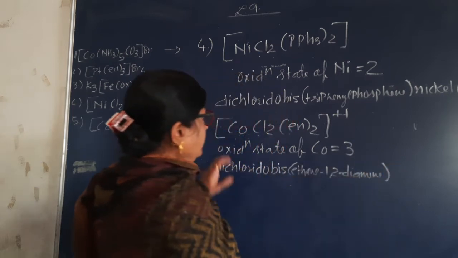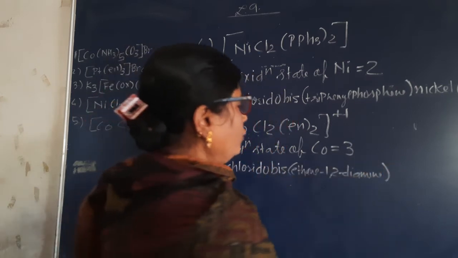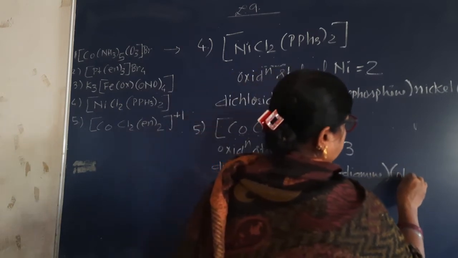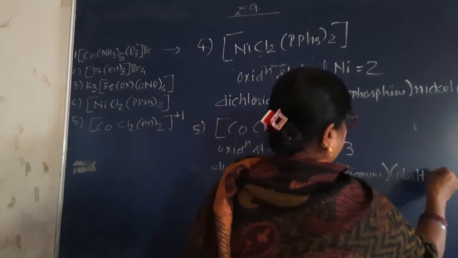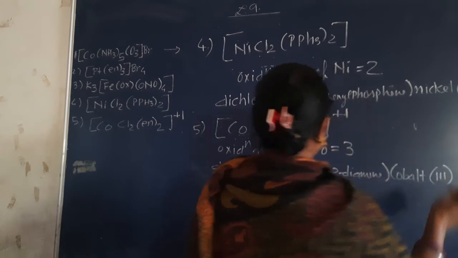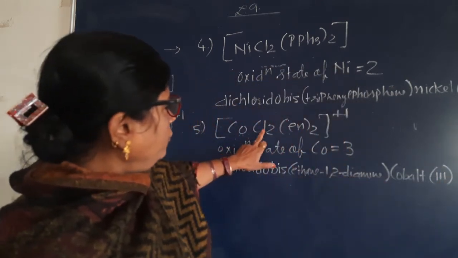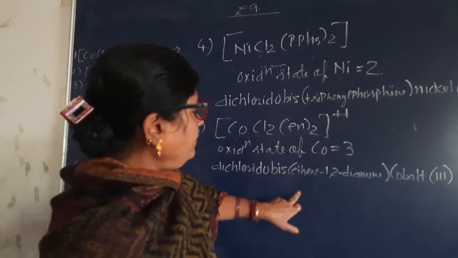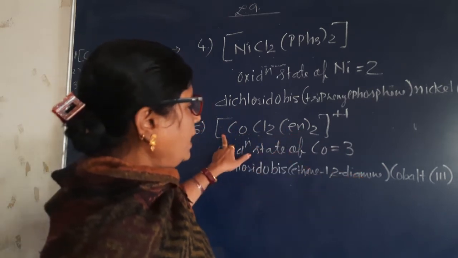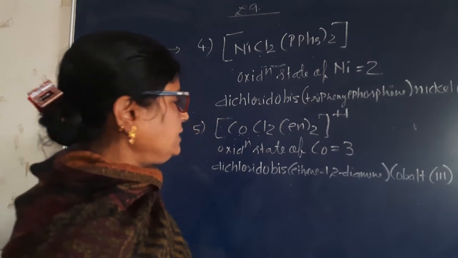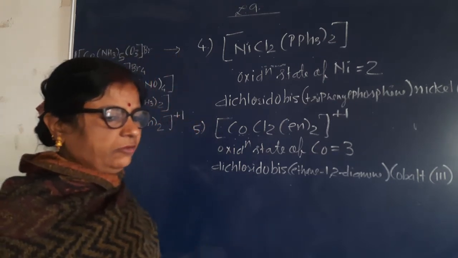Close the bracket. What central metal do we have? Cobalt 3. This will be the name of the compound. See, dichlorido bis(ethane-1,2-diamine) cobalt(III). We got the oxidation state here 3. Copy it down.